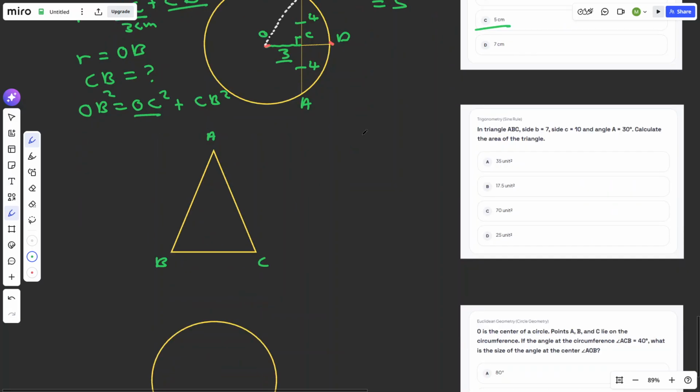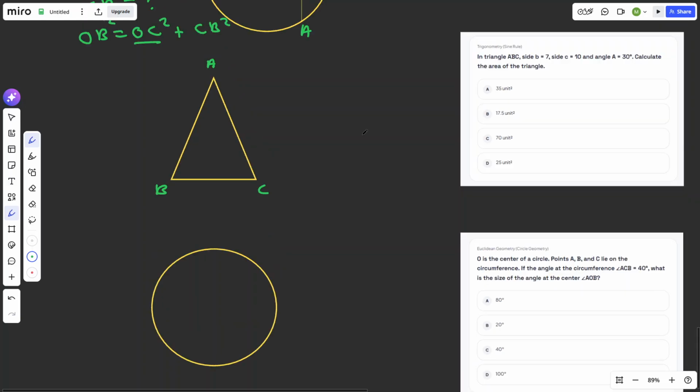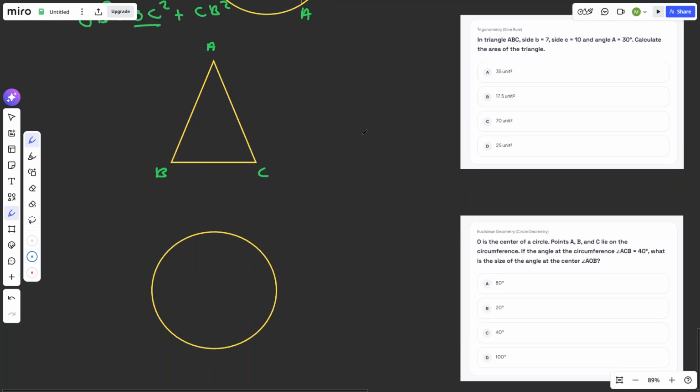In the next question, we have a triangle, defined as ABC. Side b is equal to 7. Let me quickly explain this to you. These sides are opposite to the angle.